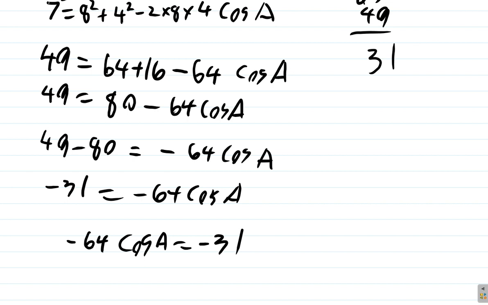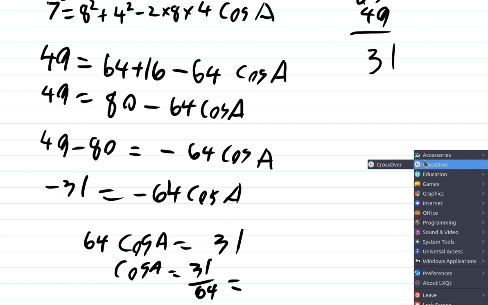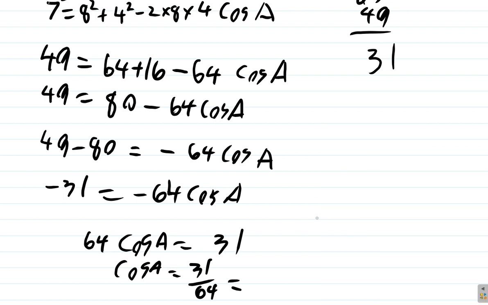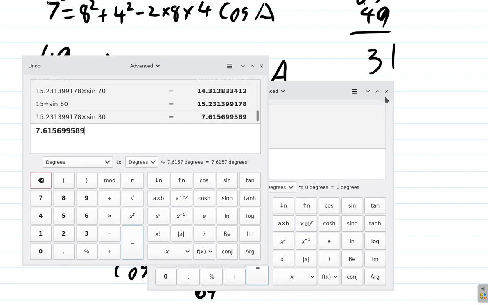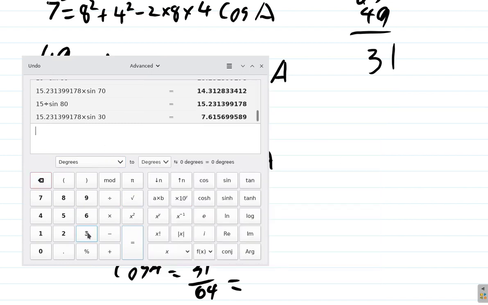If you multiply both sides by negative 1, you're going to get a positive on both sides. So 64 cos A equals 31. So cos A is 31 over 64. 31 over 64 is what? 31 over 64 is 0.484.